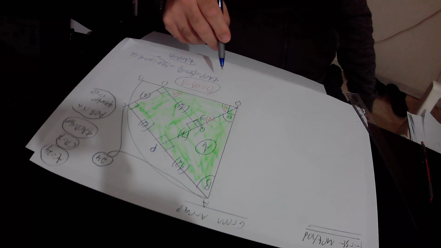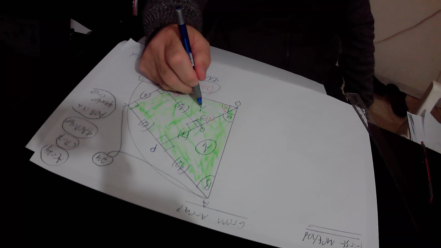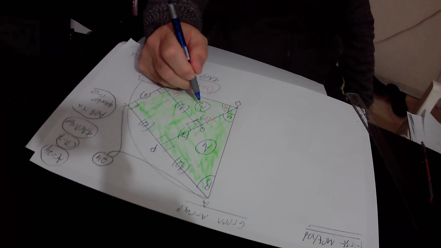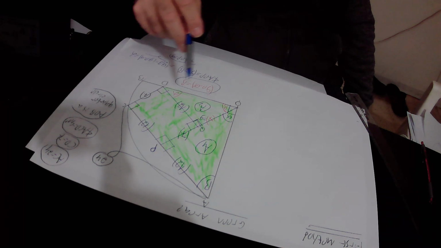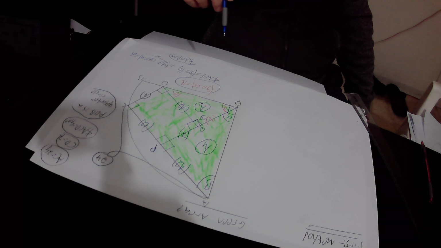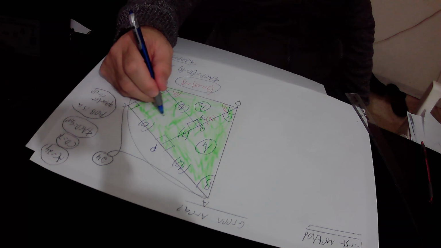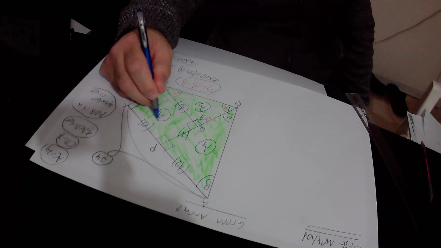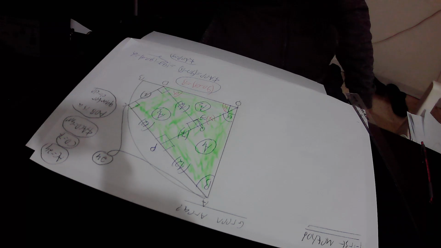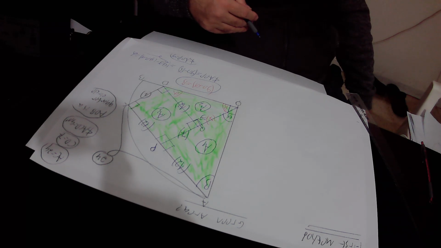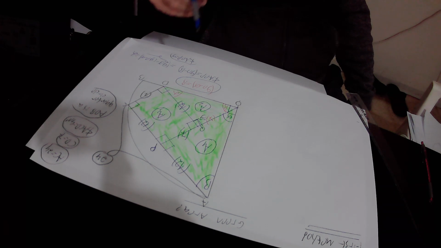We define this area as A2, plus the area of rectangle QPCD. We define the area of the rectangle as A3. It is very clear from a drawing that the total area of the green shape equals to A1 plus A2 plus A3.